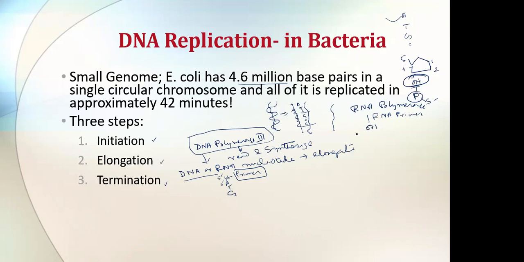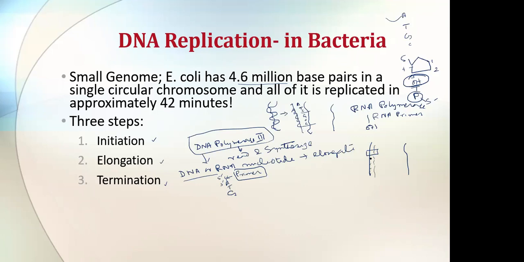So once both the DNA strands get separated from each other, RNA polymerase needs to make one RNA primer over here. Once that RNA primer is in position, DNA polymerase can start adding all the nucleotides.